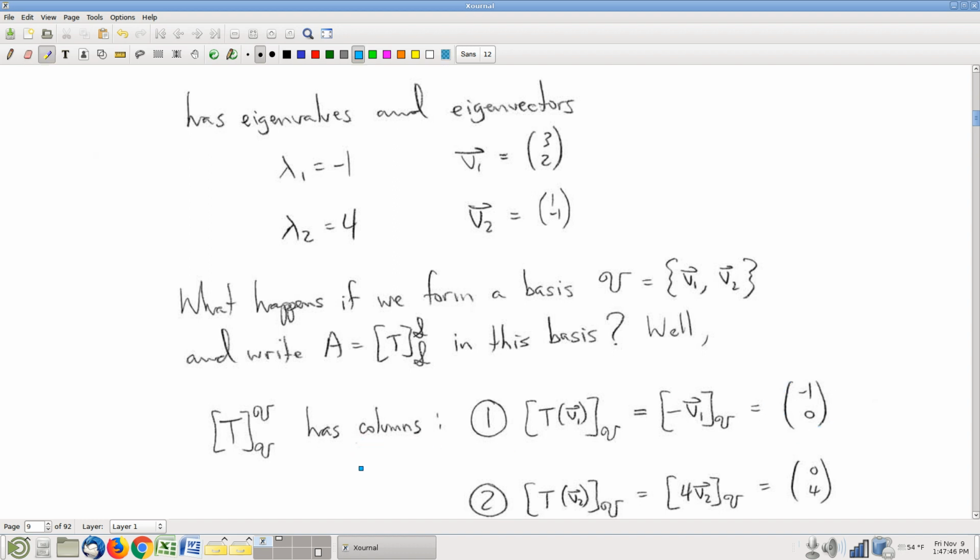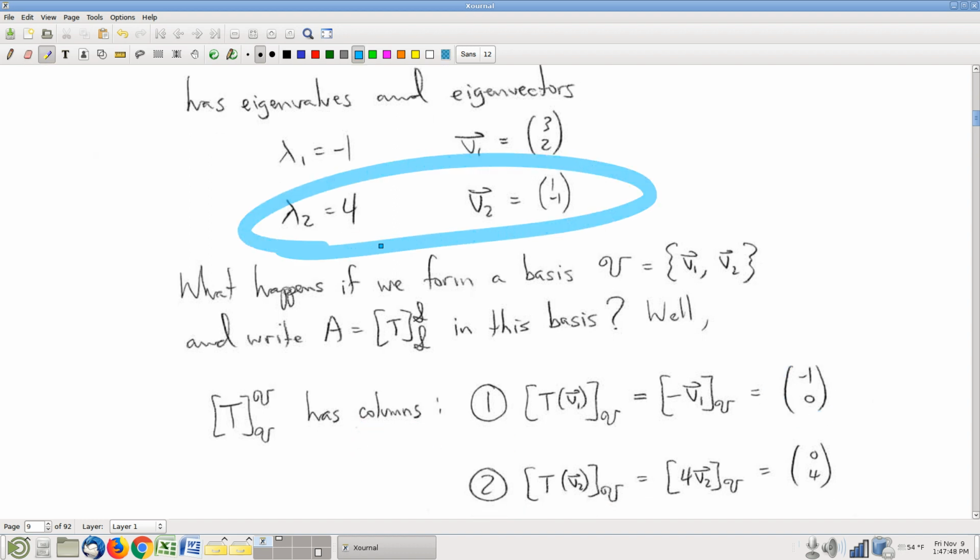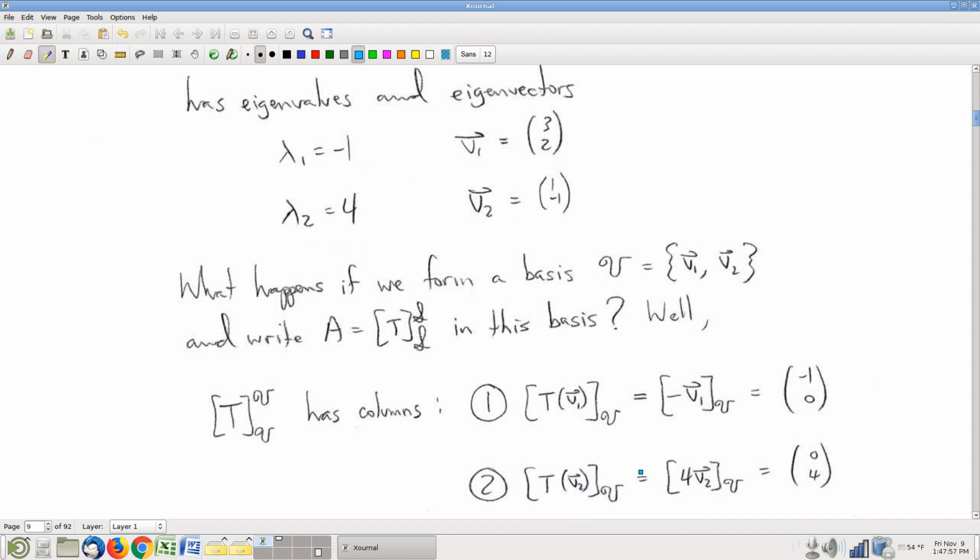And then analogously, because this is an eigenvector, T of V2 is 4V2, the scalar being the eigenvalue. This evident linear combination of V1 and V2, how do I write that as a linear combination of V1 and V2?